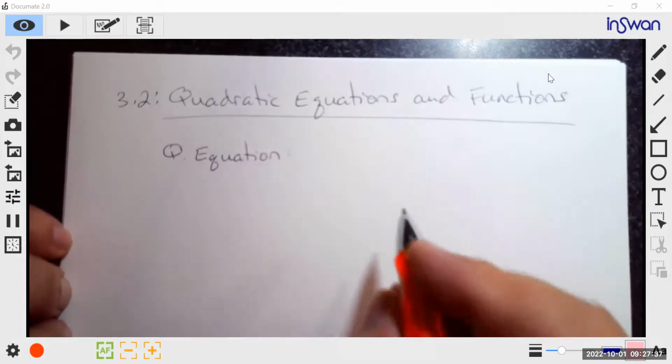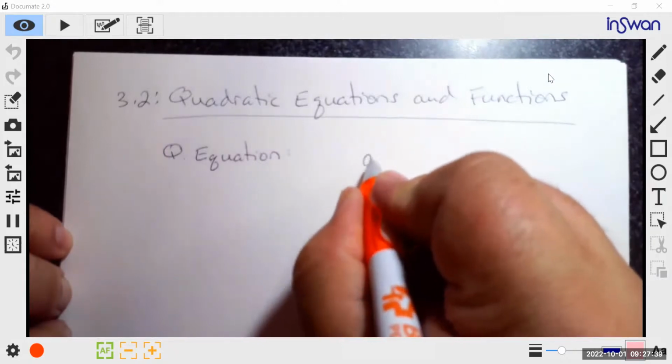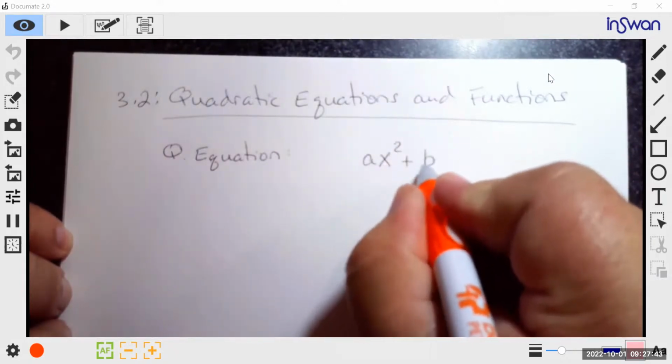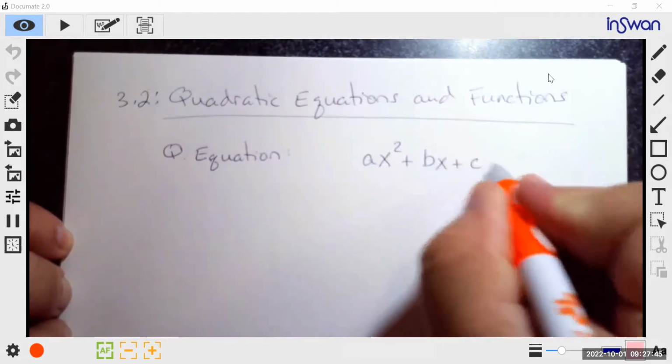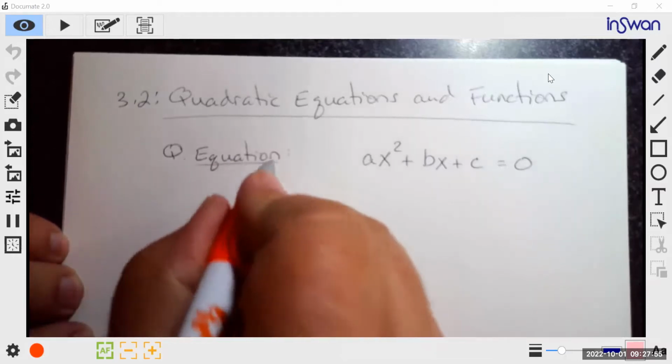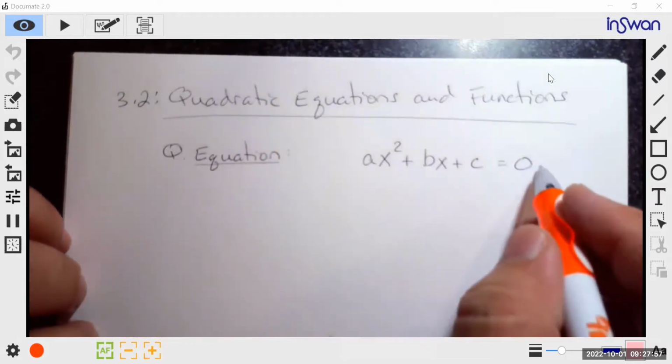A quadratic equation has this form: ax squared plus bx plus c equals 0. Because it's an equation, you're solving for something, so you're setting it equal to 0.